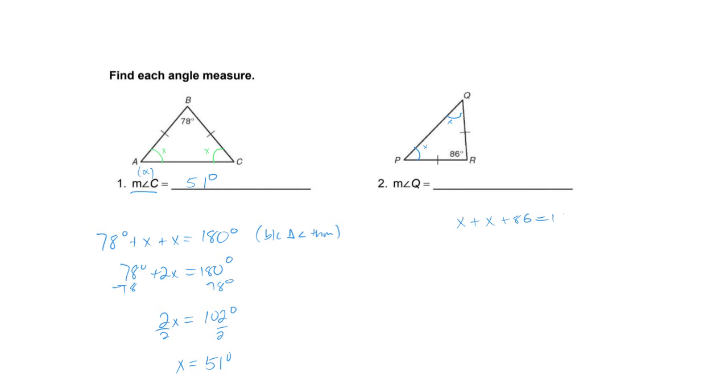So we get x plus x plus 86 equals 180 degrees, from our triangle angle sum theorem. 2x plus 86 equals 180 degrees. Subtract the 86 from both sides, we get 94. Divide by 2, and we get x is equal to 47 degrees. And we know Q is equal to x, so 47 degrees.